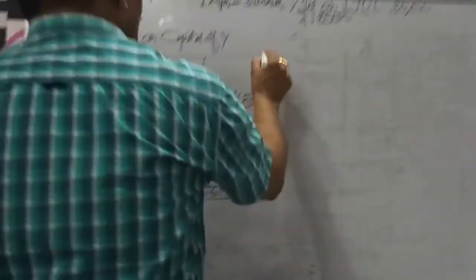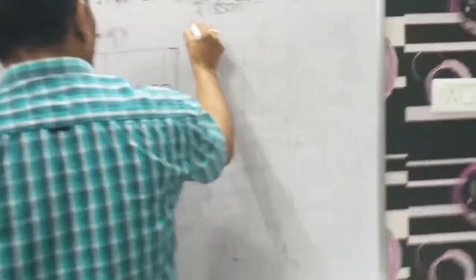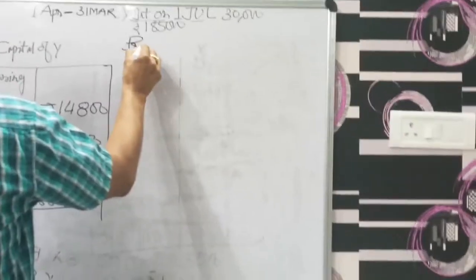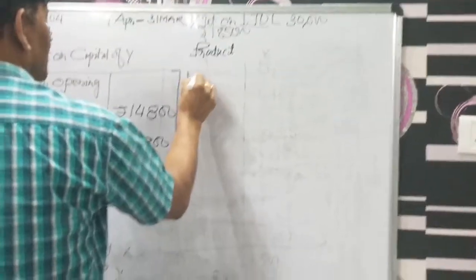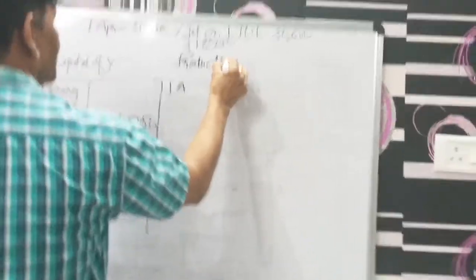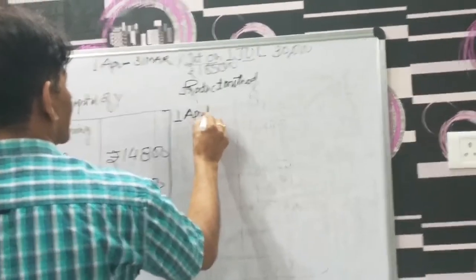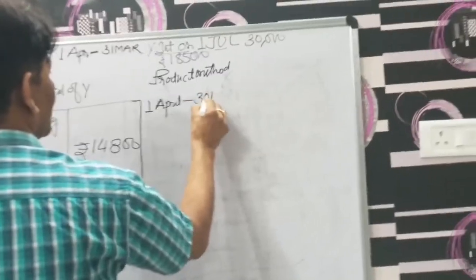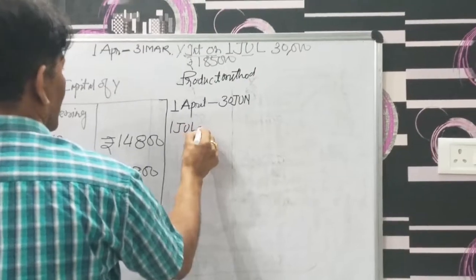We can opt for the product method for the same case also. Interest on capital through the product method. The capital from 1st April to 30th June and 1st July to 31st March.